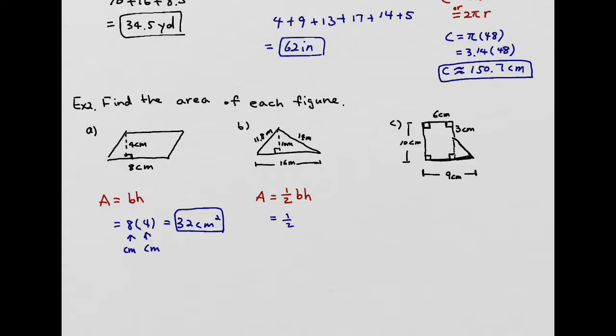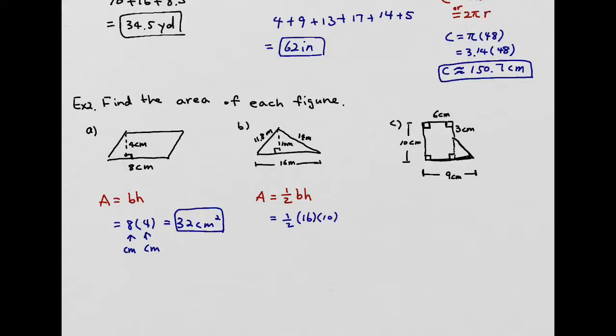Base is going to be 16, right? That's the base. Where is the height? 10, not 11.8 or 14, because the height is when it goes straight up from the base, whenever it gives you 90 degrees. So that's going to be 10. So base is 16.